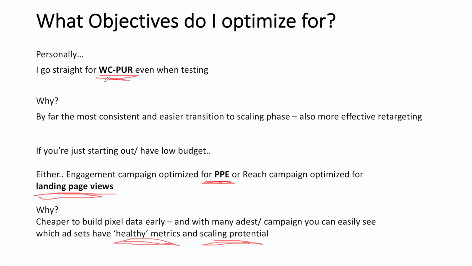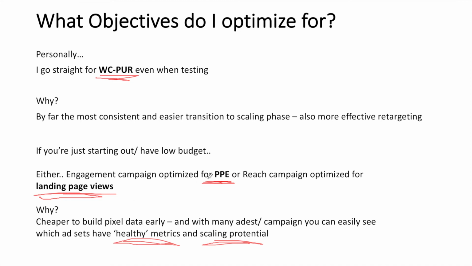Whereas with website conversion purchase campaigns on lower budgets, if you're not spending much, your CPMs are going to be really high and your reach super low, so it's really hard to validate whether that data is representative. But with PPE and landing page views, you do get more representative data, particularly with low spending budgets.